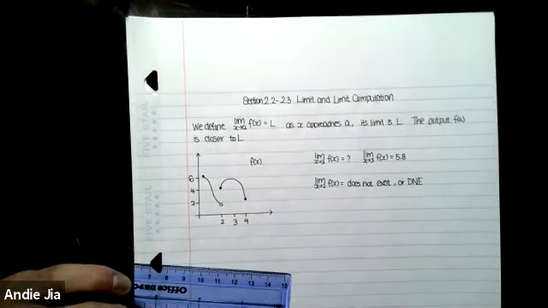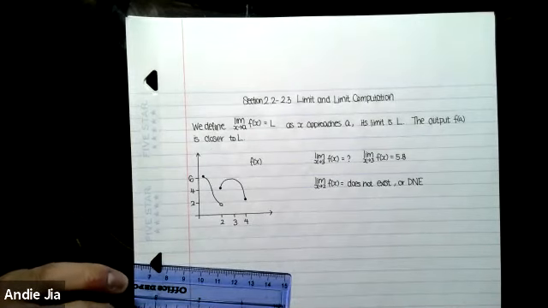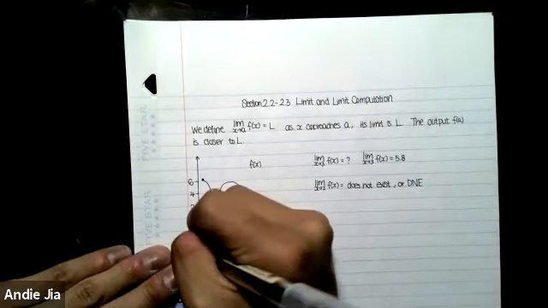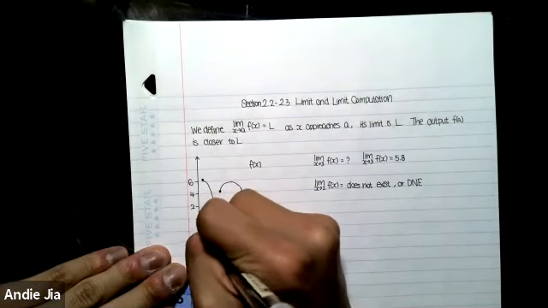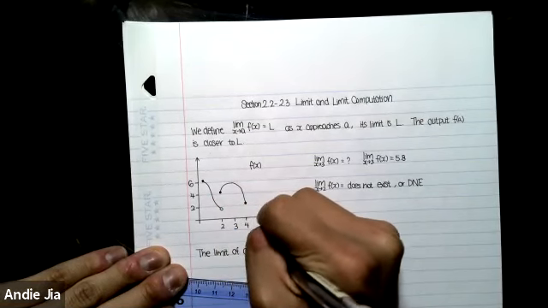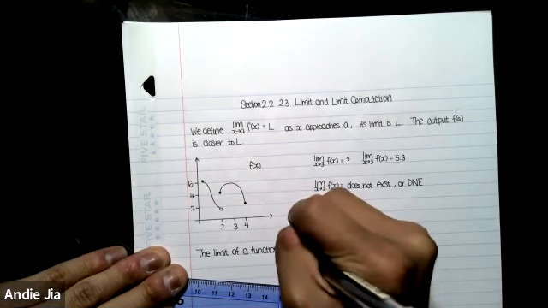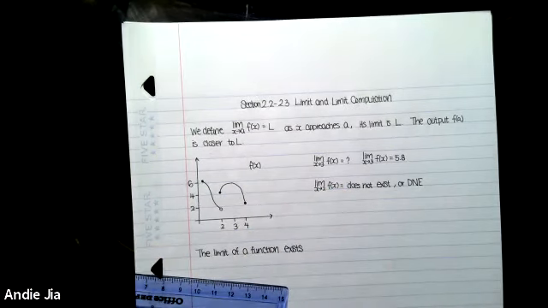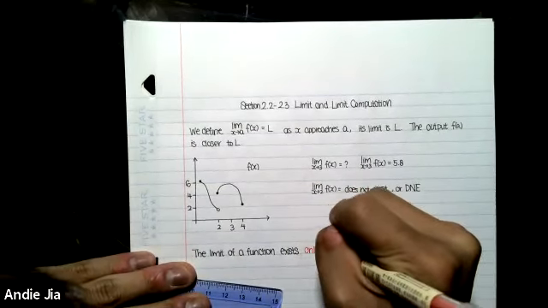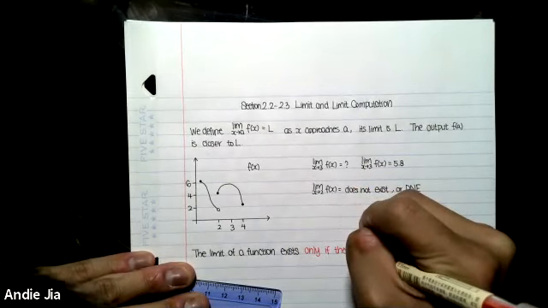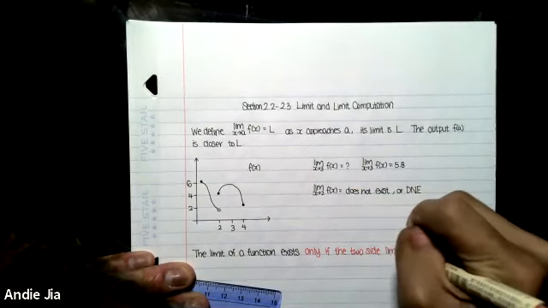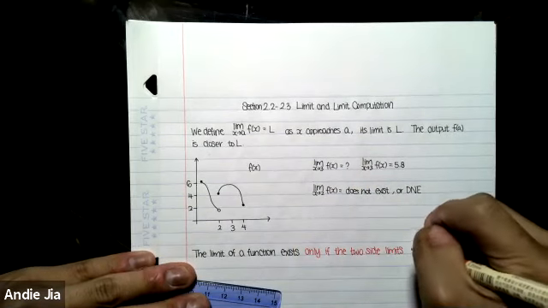And the limit exists only if the two-sided limits are equal.